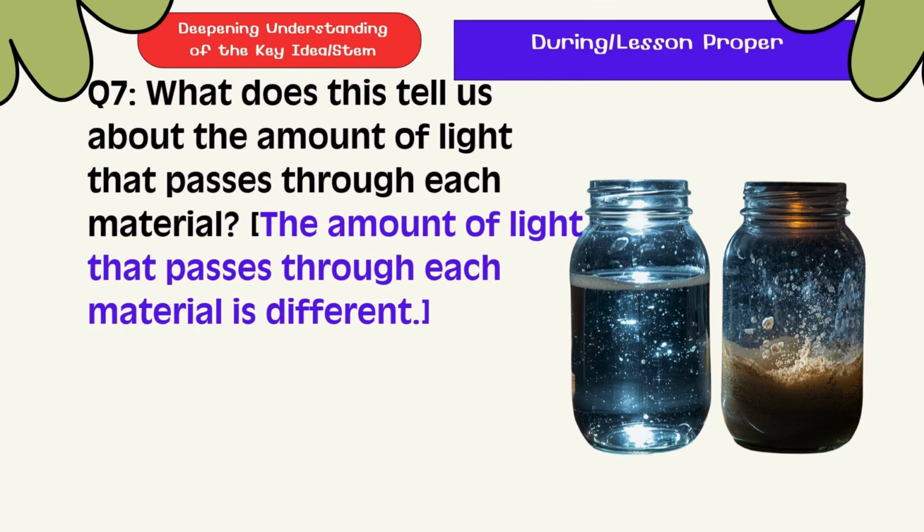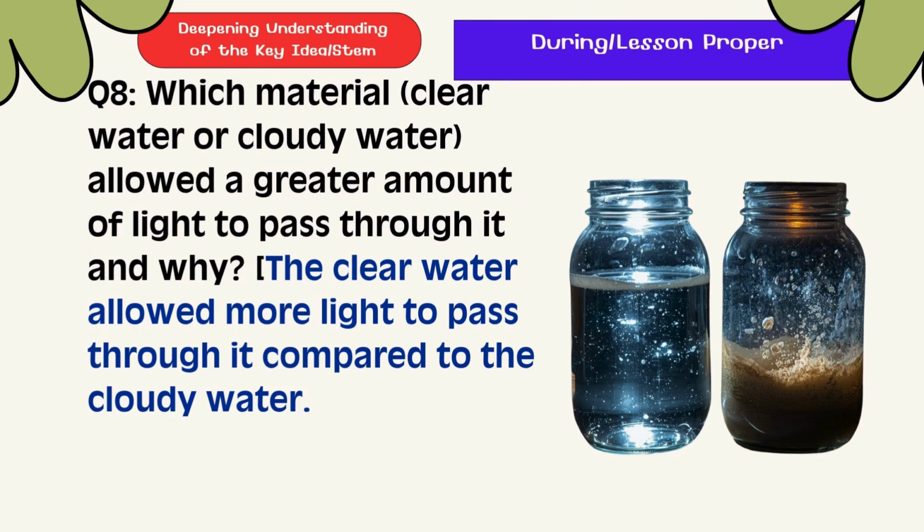Question 7. What does this tell us about the amount of light that passes through each material? The amount of light that passes through each material is different. Question 8. Which material allowed a greater amount of light to pass through it and why?